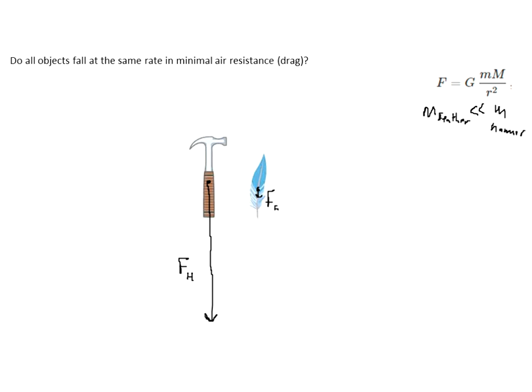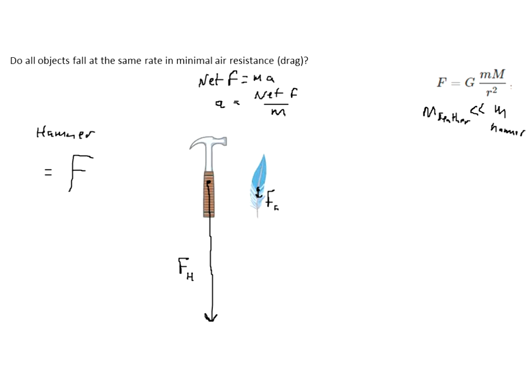Let's go to the net force equals m times a, which means that a equals net force over m. So let's check out what it is for the hammer. So for the hammer, the net force is large.